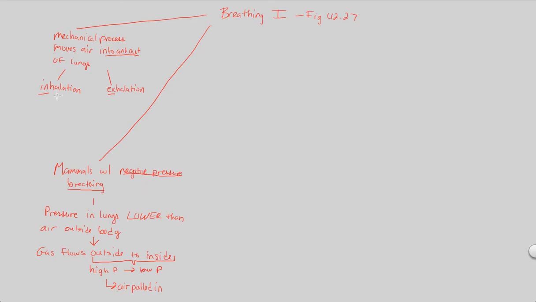But again, we stated that there's inhalation and exhalation, so we have to look at how both of those events occur in order to promote successful breathing. So let's look first at inhalation. How do we do this process of taking air into the body? Inhalation is going to involve the rib cage.